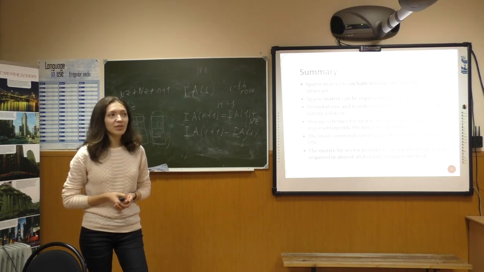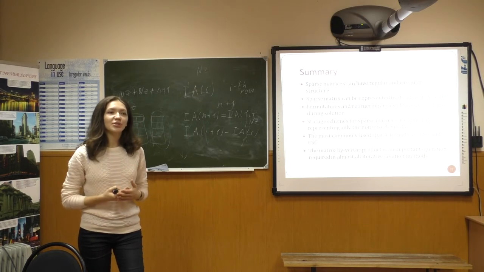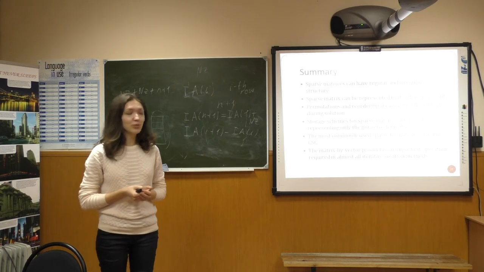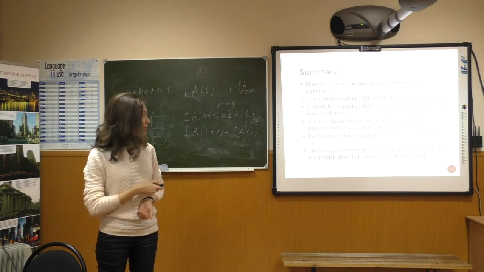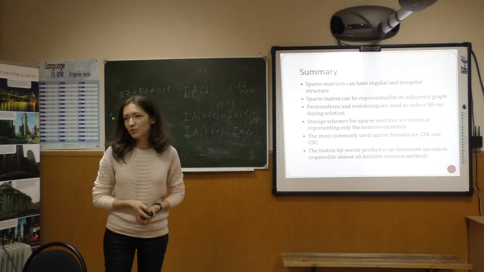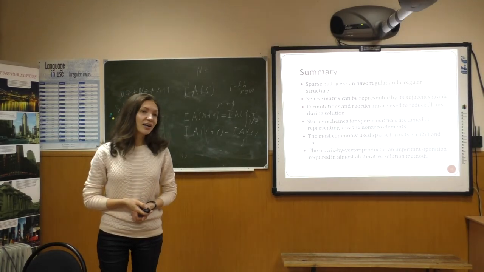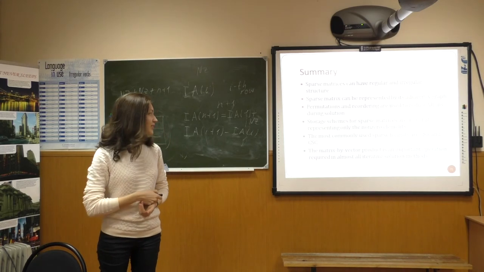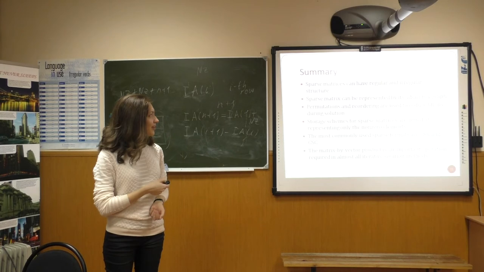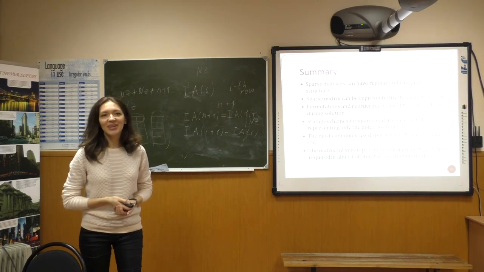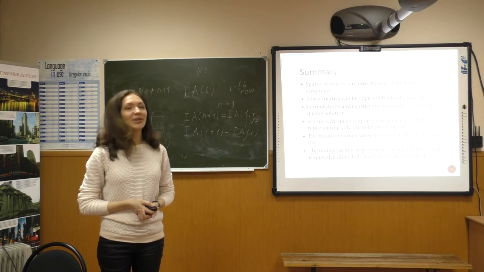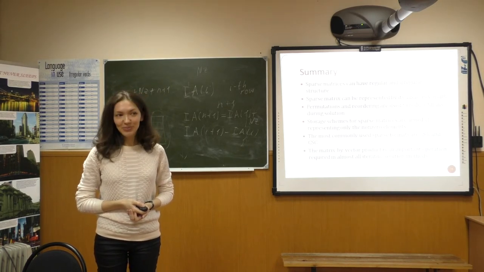Sparse matrices are usually stored in special sparse formats, and the commonly used are CSR and CSC, so storage by rows and storage by columns. A very important operation is matrix by vector product, and we have covered a bit the algorithm of how to perform this operation.